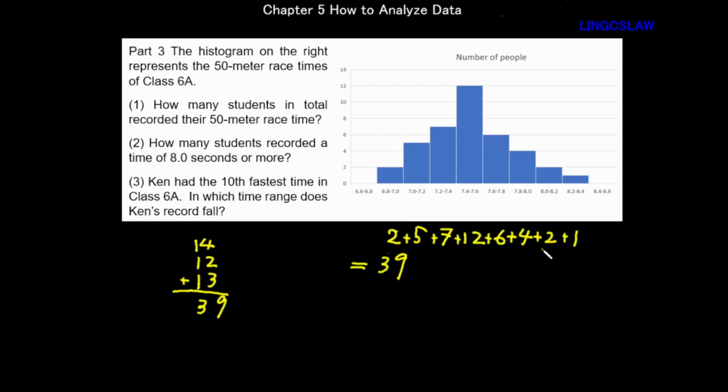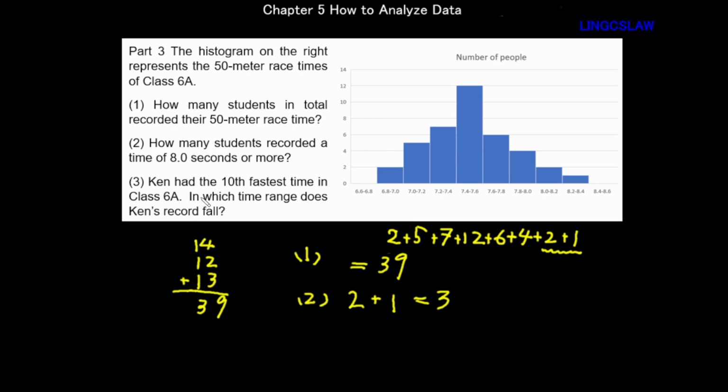So the answer is 2 plus 1, because there are 2 students who ran in a time between 8.0 and 8.2, and there is 1 student who ran 50 meters in a time between 8.2 and 8.4 seconds. So it equals 3.